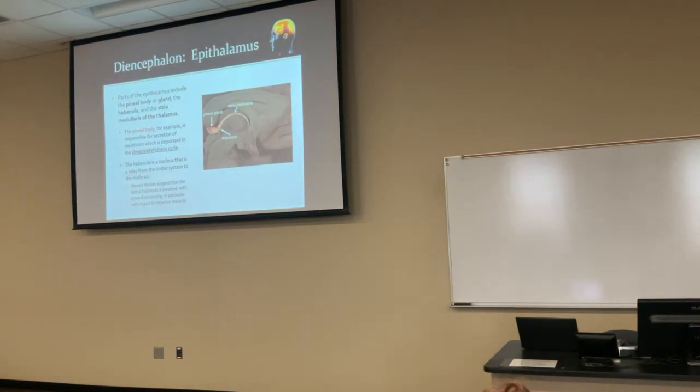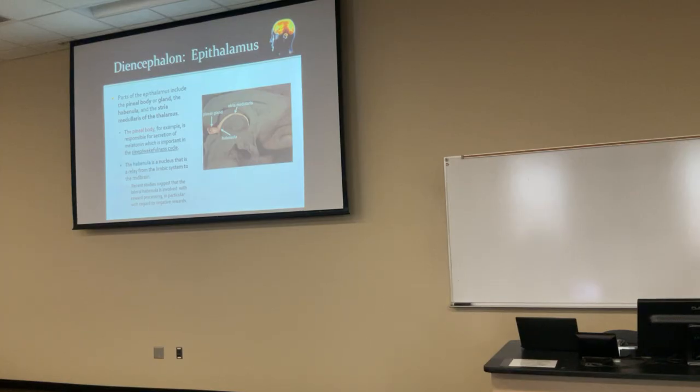So the highest part of the diencephalon is the epithalamus. The pineal body or pineal gland is part of the epithalamus. This very long sliver of tissue is called the stria medullaris, and then there's a nucleus or a cluster of neurons located right between the stria medullaris and the pineal gland.